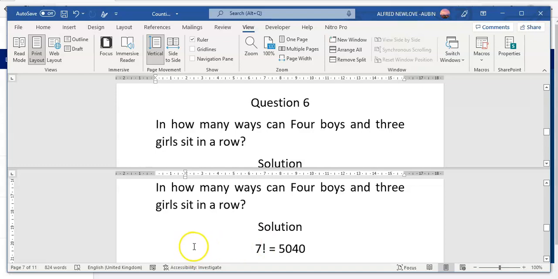Remember the factorial rule. The first space we take 7, second space 6, third space, I hope you are saying it, 5, like that. Alright, that is the factorial. So it's going to end at 1.